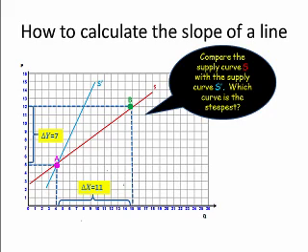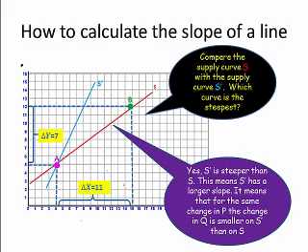Let's now compare the supply curve S with the supply curve S accent. Which curve is the steepest? Yes, S accent is steeper than S. This means S accent has a larger slope.